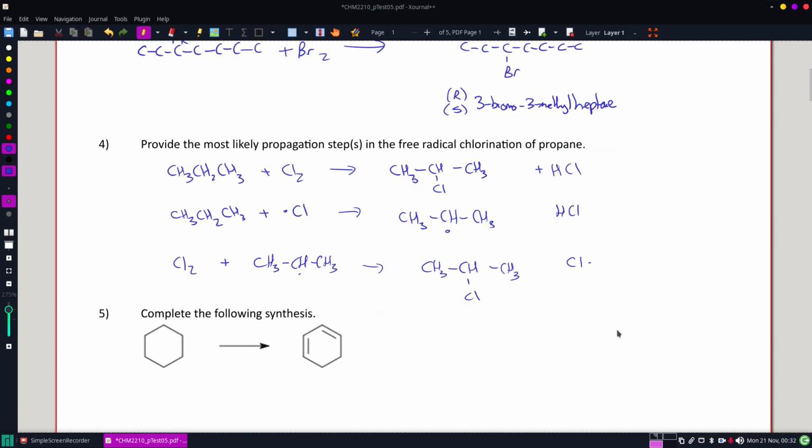So our propagation steps show making of a radical, making of a radical from a radical, and then we take that radical we made and destroy it and remake the original radical.